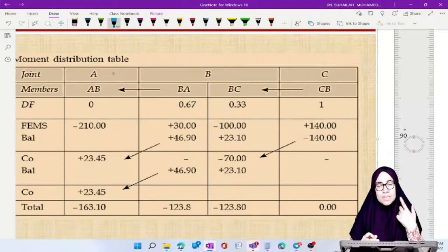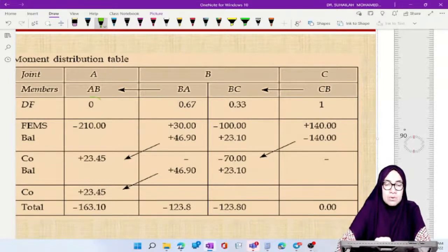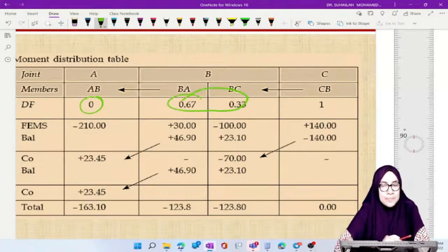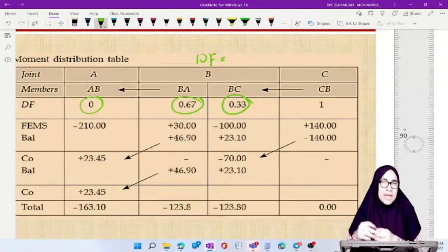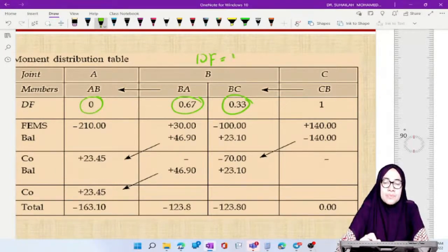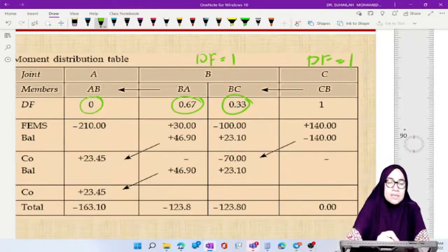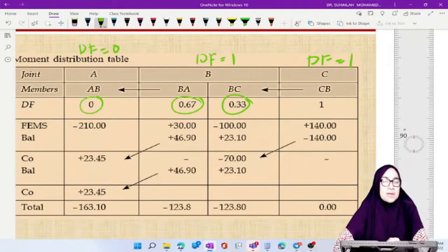One or two cycles will be enough. 0.67 plus 0.333 equals 1. The distribution factor for a pin, whether it is an end pin, roller or internal, is 1. This is 1 because of pin, and this is 0 because of fixed.